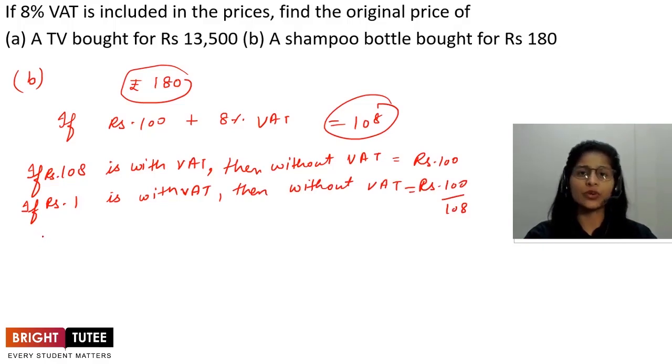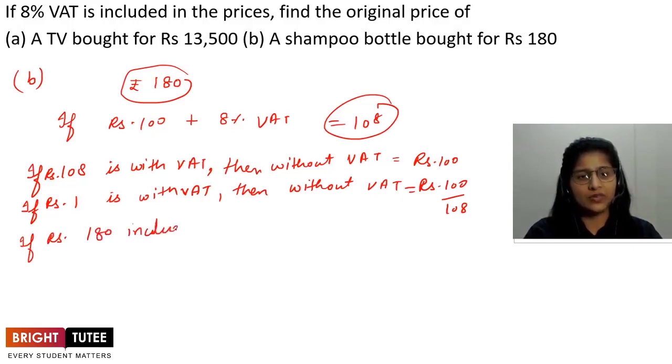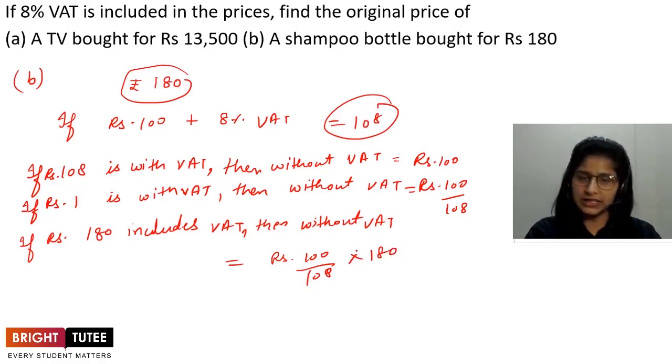Now we have to calculate for what? We have to calculate for rupees 180. So if rupees 180 includes VAT, or we say is with VAT, then without VAT it will be rupees 100 upon 108 into 180.